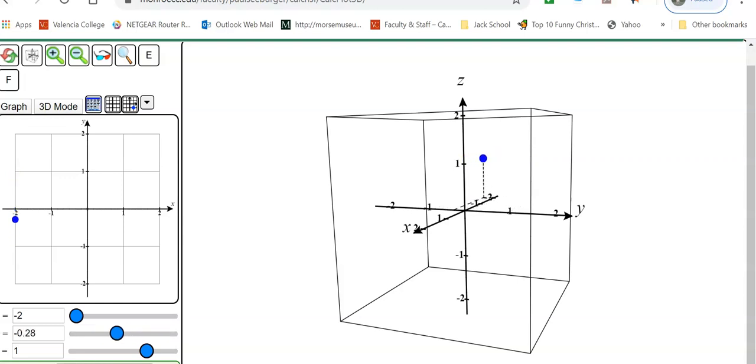Let's try point -2, 1, 2. Okay, so for -2, 1, 2, we went back down the x-axis behind the origin 2 units. We went right 1 unit, and then we went up 2 units. So this would be -2, 1, 2.